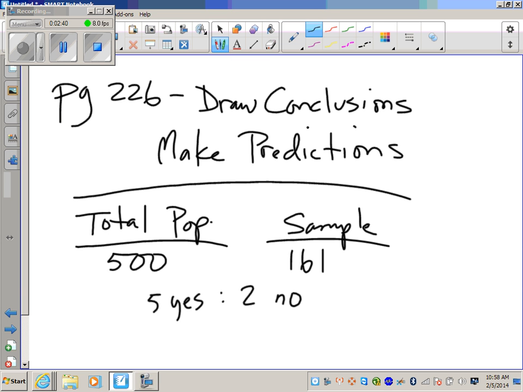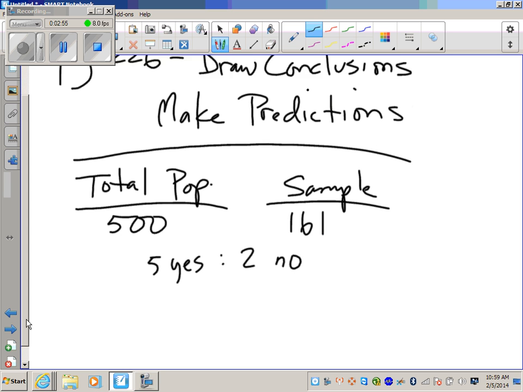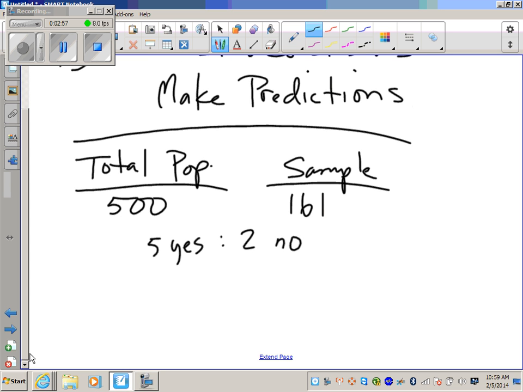More people said yes, absolutely. So we need to take this information and try to figure out the answer to the question, which was more than 300 of the 500. Would they expect to get more than 300 from this total population based on the results given?